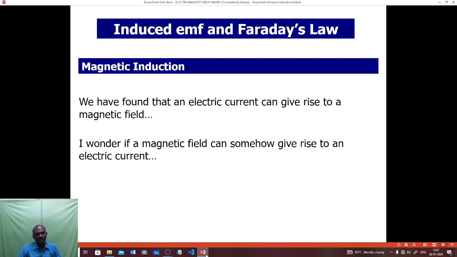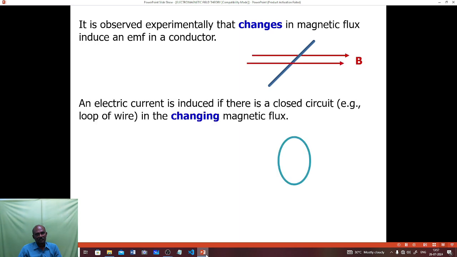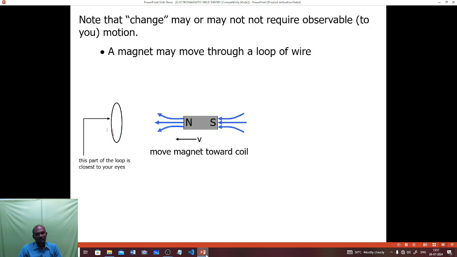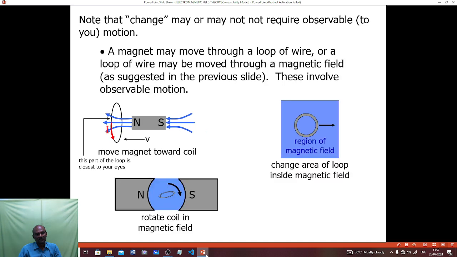Induced EMF and Faraday's law of induction. So EMF induction: changes in magnetic field create electromotive force. Similarly, a current carrying conductor in a magnetic field experiences a force, rotate coil in magnetic field.